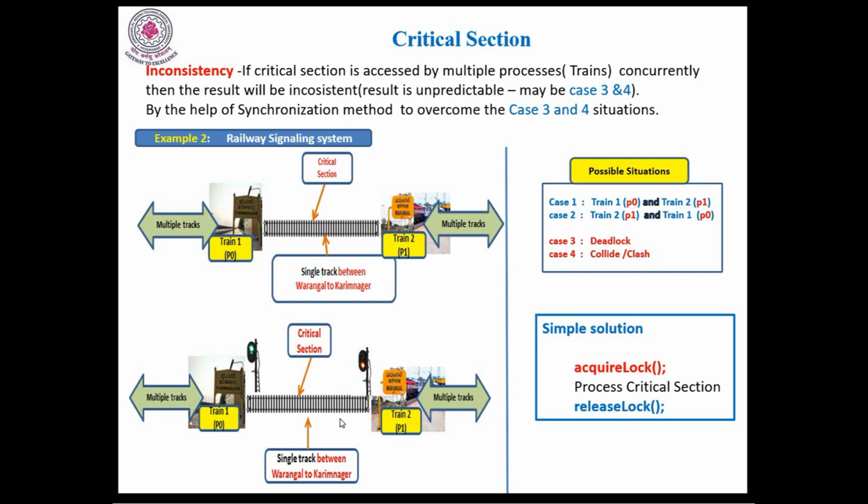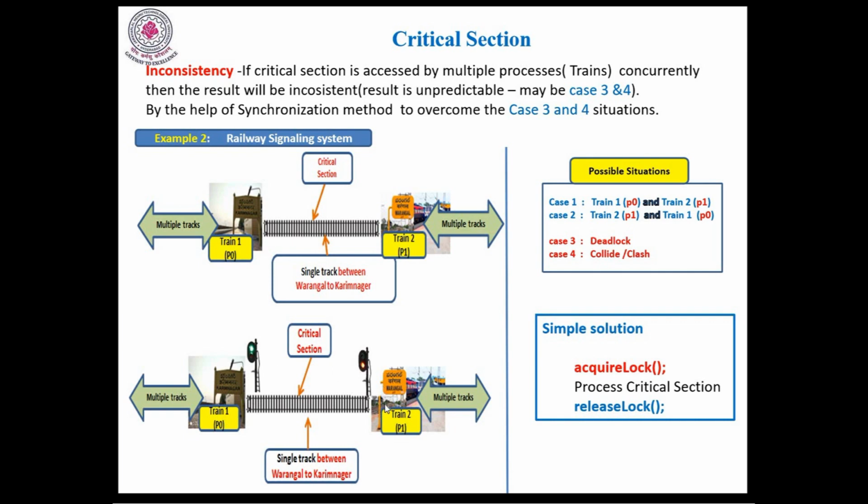Then let us go for writing a simple pseudocode. What is simple pseudocode? With the help of this example, a simple solution. Before entering into the critical section, the signalman locks the track only for this train 1.